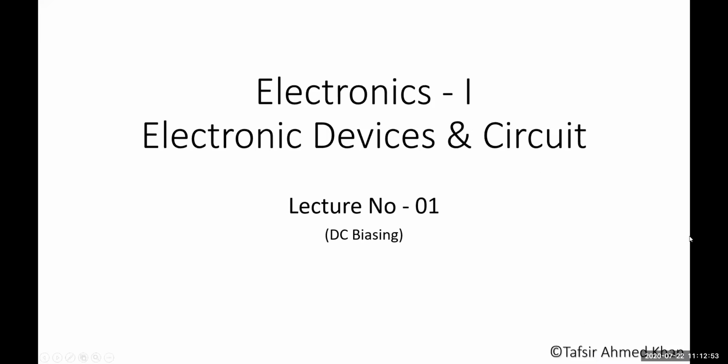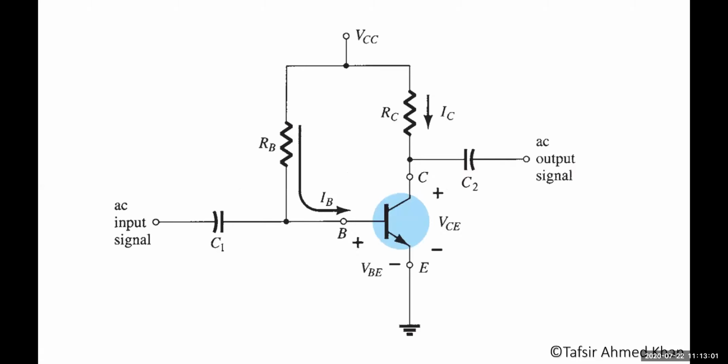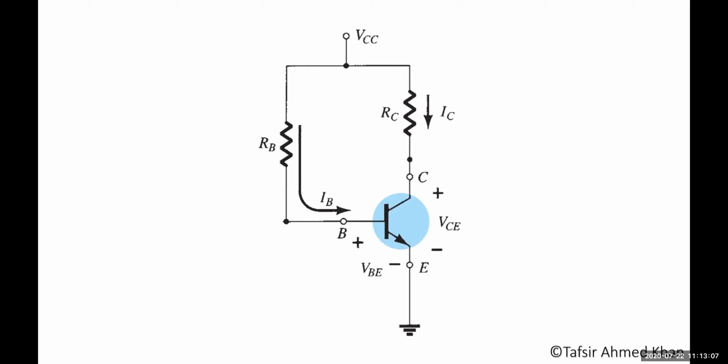This is the slide from the video. Fixed bias configuration. What you have to do at first is get rid of those DC blocking capacitors. Then you have to find out the IB, the IC, and the VCE. Why? Because remember the characteristics curve we drew in our previous class, yesterday.